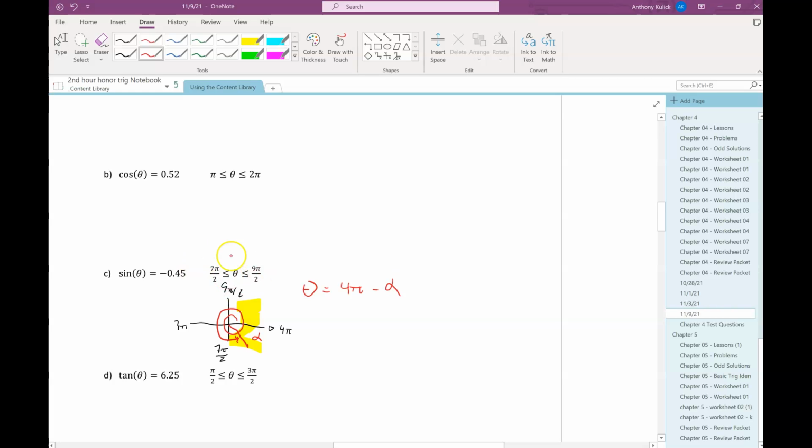Sometimes in the past we had gone and shrunk this down and made it coterminal, by subtracting multiples of 2 pi from the ends to get a different interval that we don't have to go around multiple times. And then you have to add that back at the end. In my experience, the way that I'm currently showing you, counting around and drawing the picture and then using the picture to generate our equation without fiddling around with all that, goes a little bit better for a lot of students.